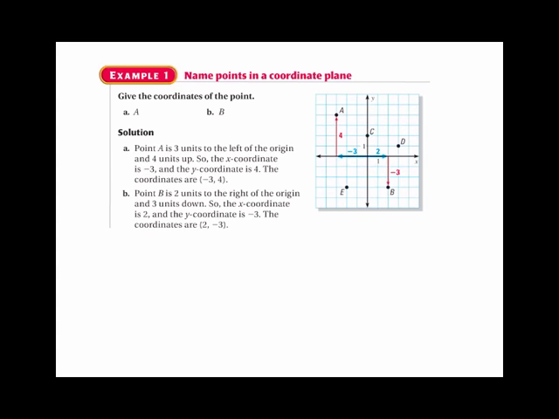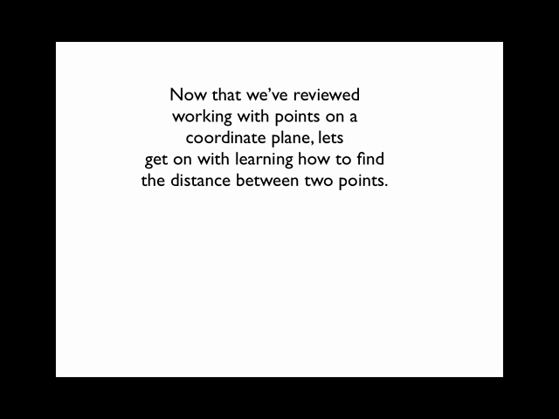Point B, again, if we start at the origin, is 2 units to the right, which is our positive direction. But it's 3 units down, which is a negative direction. So the x-coordinate is +2, but the y-coordinate is -3. The coordinates of this point B are (2, -3).